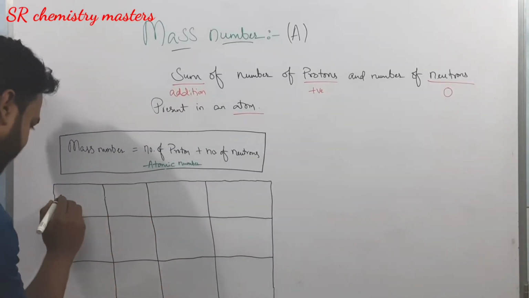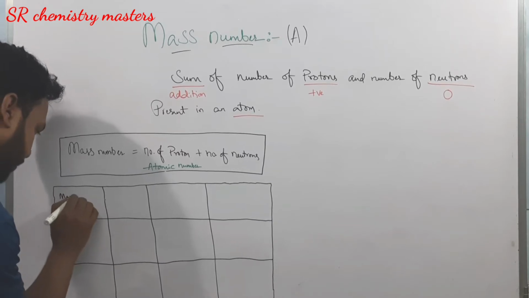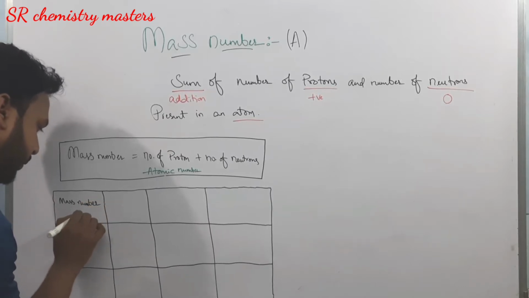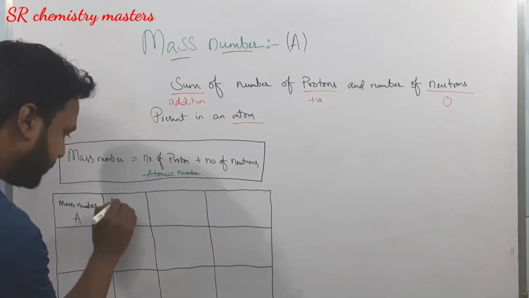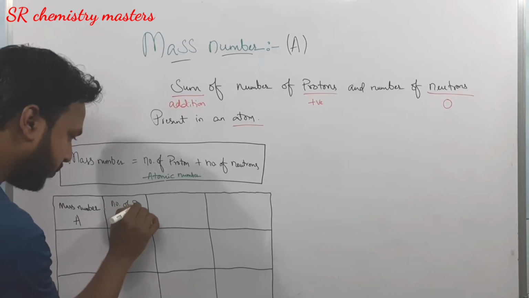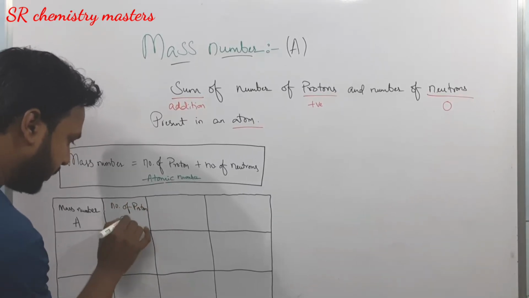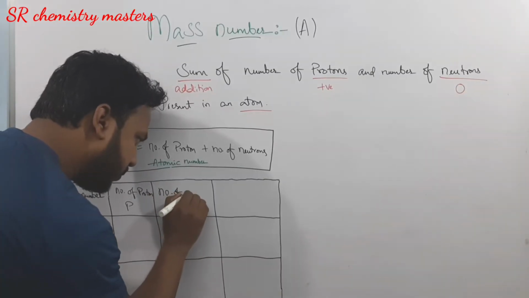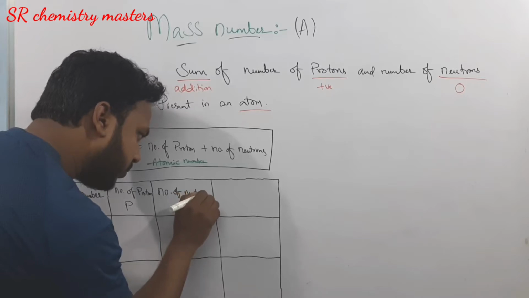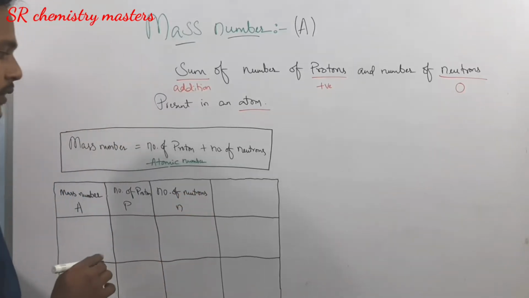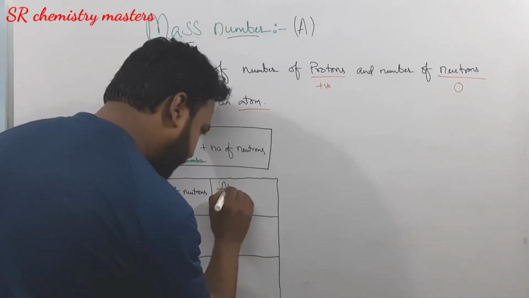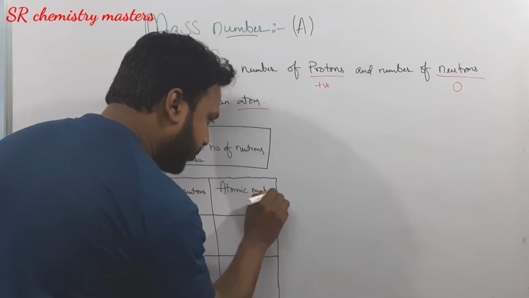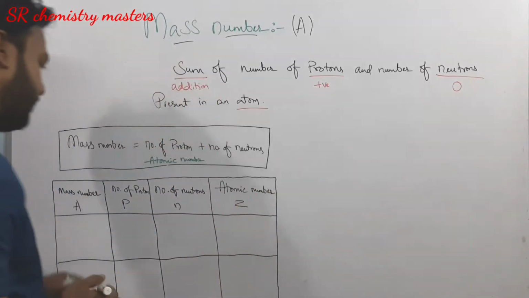If in the question he has given you the mass number, mass number is denoted by A, the number of protons, let us denote it by P, number of neutrons, denoted by N, and atomic number, which is denoted by Z.